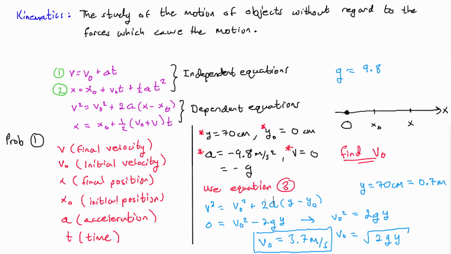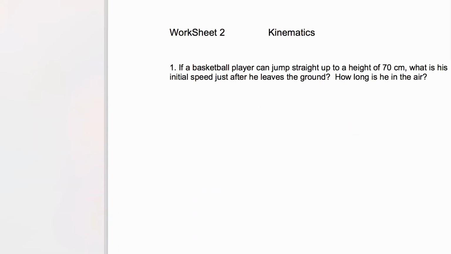Oh, okay. So then let's use V naught in the first equation to get T. Wait, what are you trying to get? The time, T. How long is he in the air? Exactly.